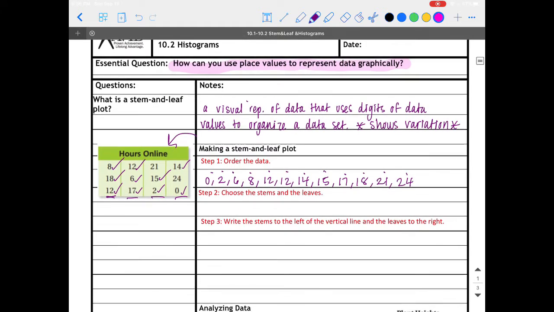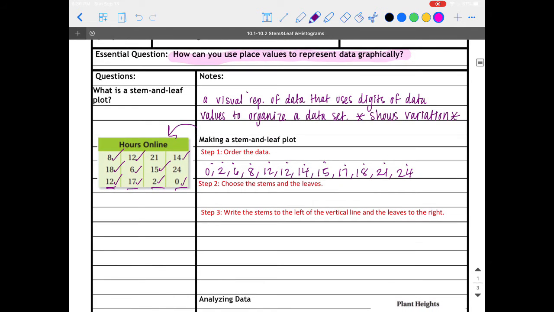The next step is to choose the stem and leaves. They represent the different place values of numbers. So I'm going to put a little note here: take into account the place value in your set.